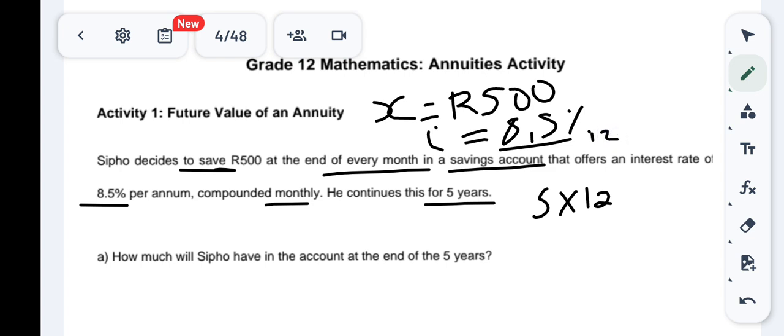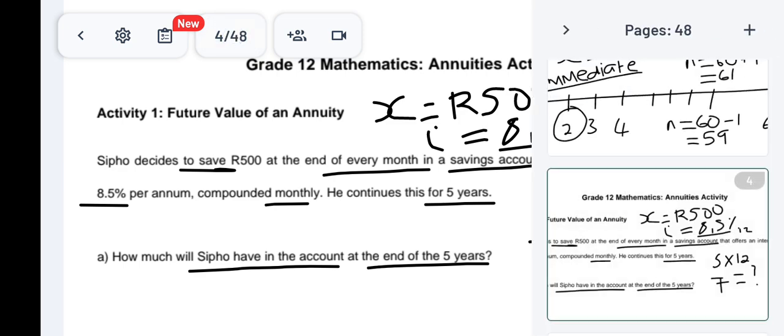But remember, the interest rate must be converted to decimal. How much will Sipho have in the account at the end of 5 years? What are we looking for in this case? We are looking for future annuity, the amount that Sipho will have at the end of the 5 years.